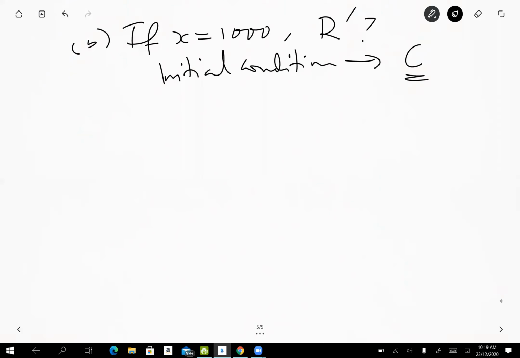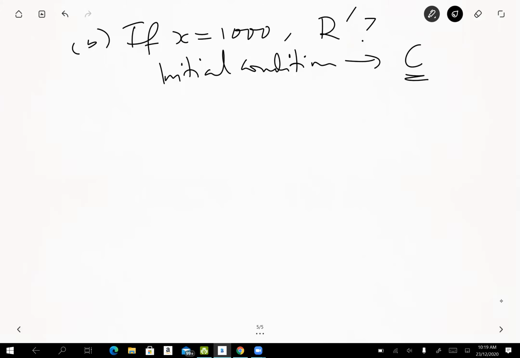Otherwise, if you don't use the initial condition, your revenue will not be a specific value, because you still have that c. We don't want that. You want a specific value of c. So therefore, we need to apply the initial condition.